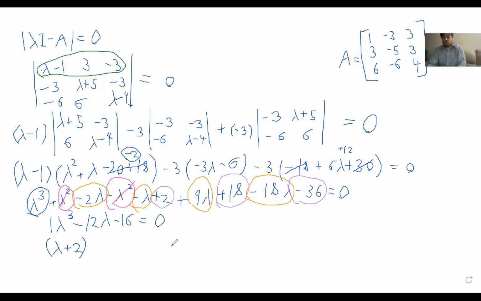Now, if you divide that polynomial by lambda plus 2, and you do the division, you'll get lambda squared minus 2 lambda minus 8.